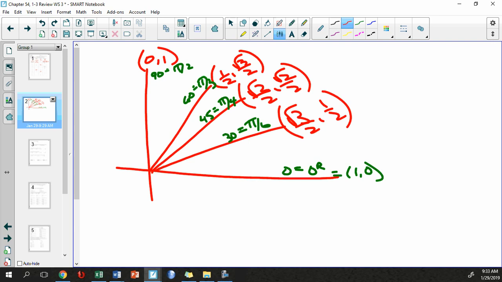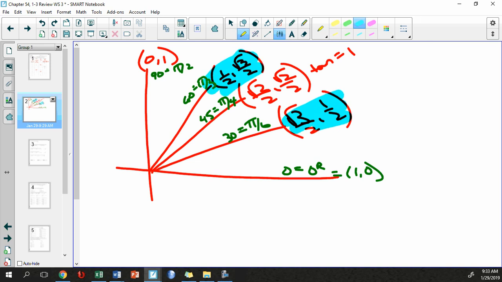Square root of 2 over 2 divided by square root of 2 over 2. The tangent of this is going to be 1. Well, it's a dead giveaway. You know it can't be 45.